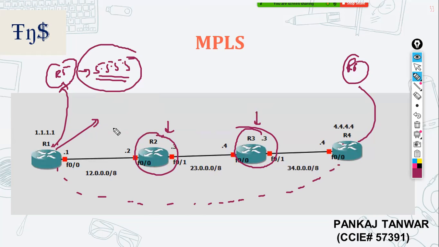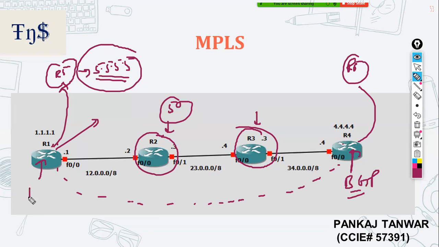Okay, so that is why MPLS is more scalable. If you have 50 devices in between, then you need the main configuration only on the edge devices only. So between these edge devices we are going to run BGP.